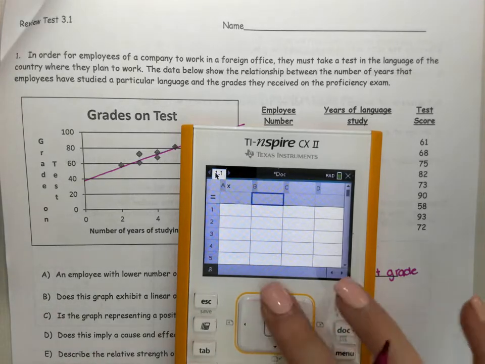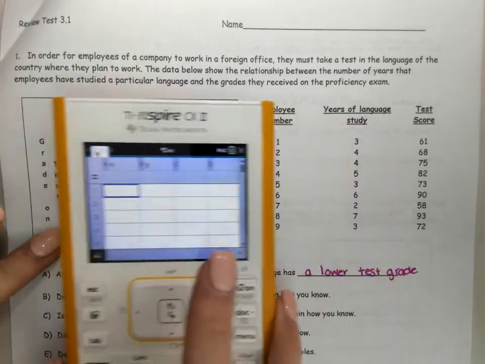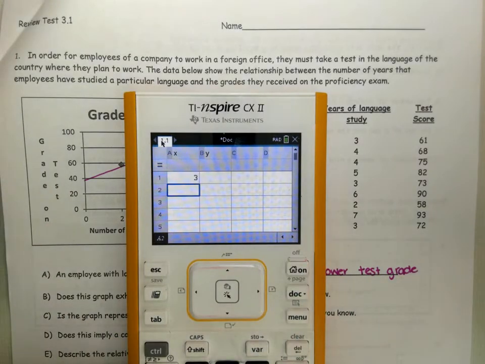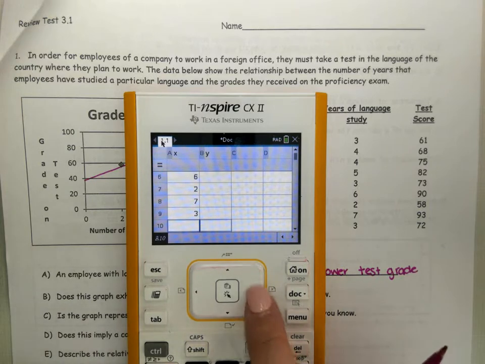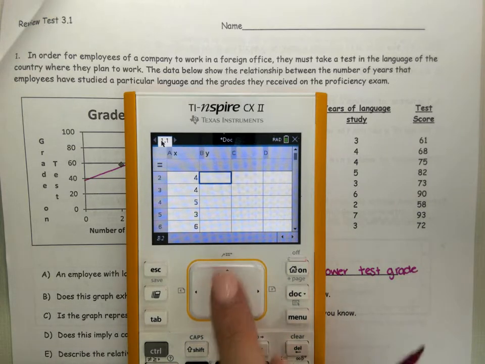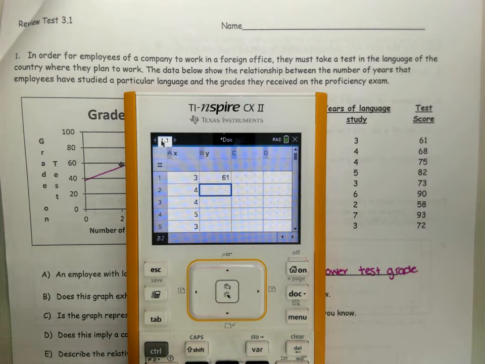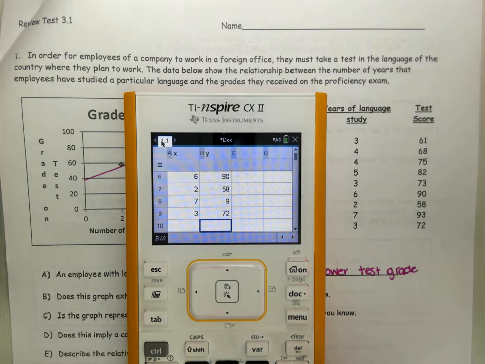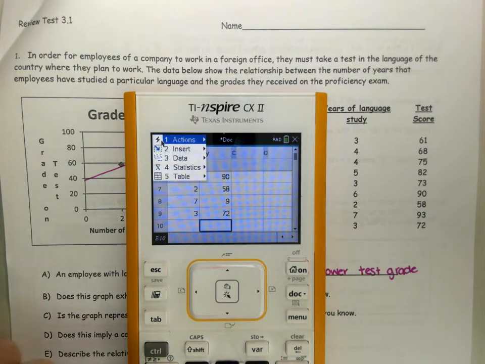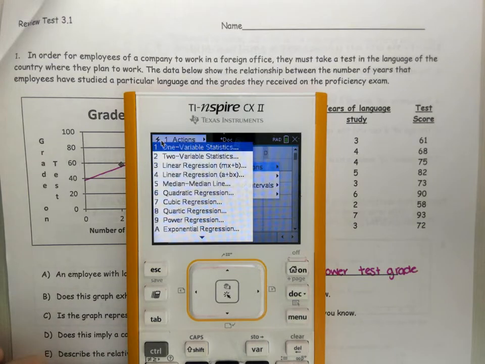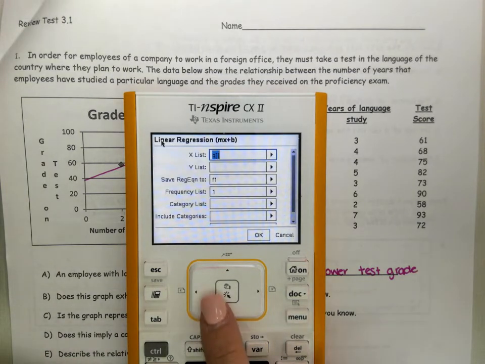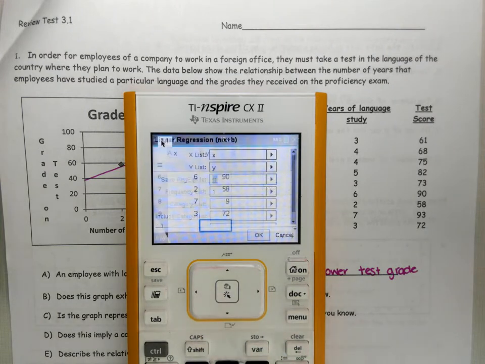This is my X, this is my Y, and I type in my points. Menu, 4, 1, and linear, we press 3. X is X, Y is Y, enter.